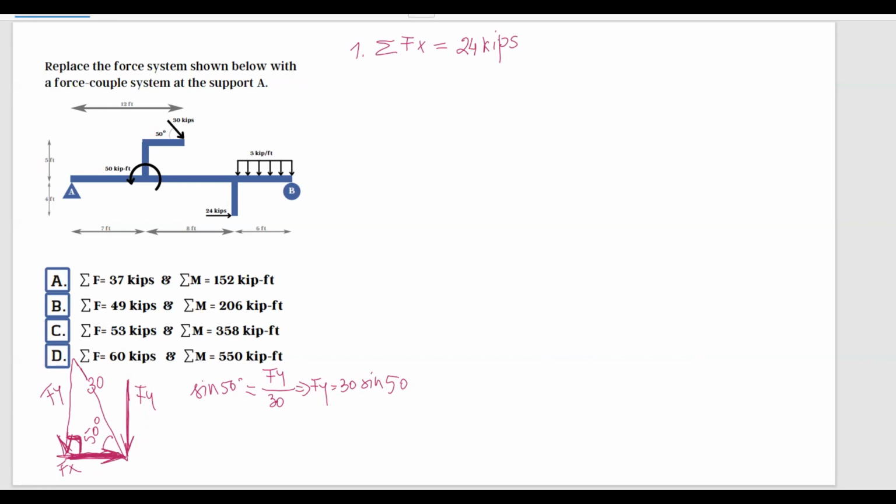Same thing with cosine. If we apply cosine in that right triangle, we're going to get the adjacent, which is Fx, over hypotenuse 30. And from here, Fx equals 30 cosine of 50.